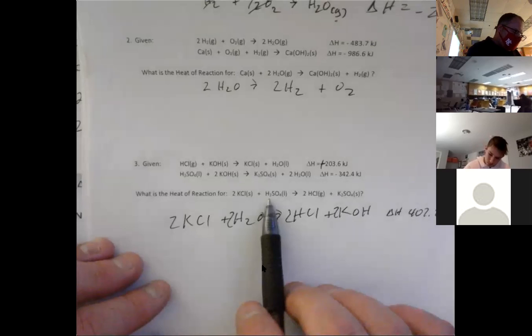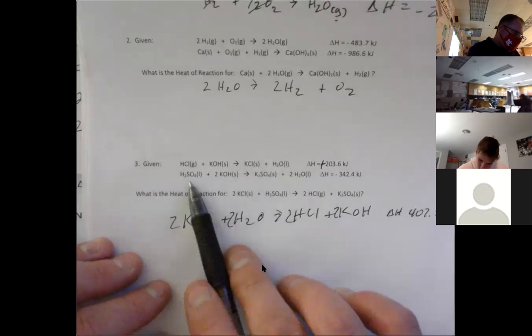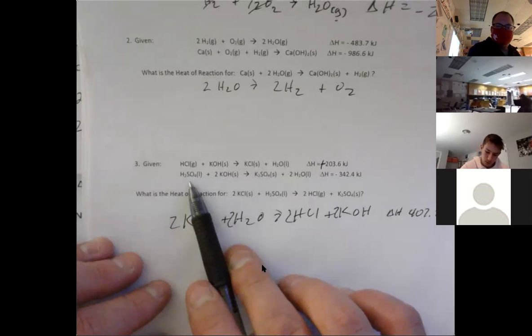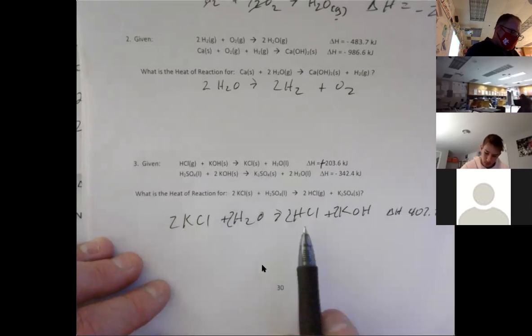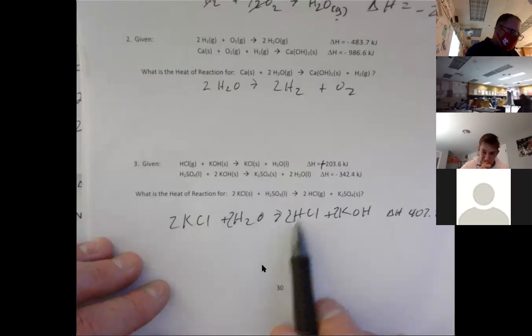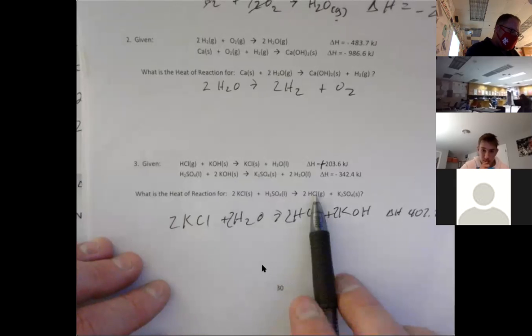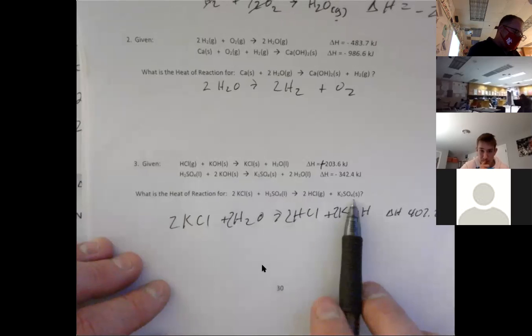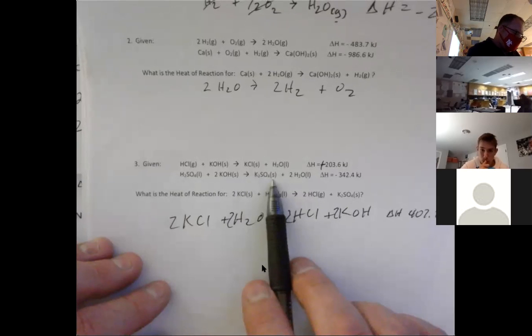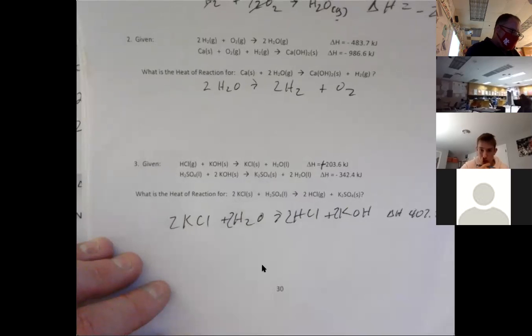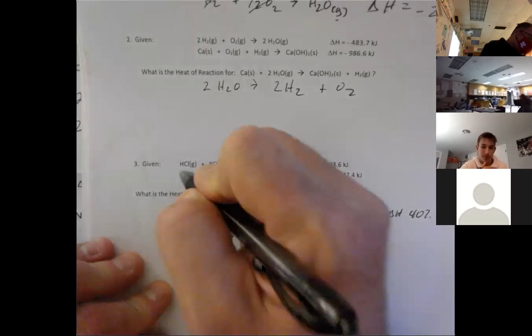H2SO4. Are we good with H2SO4 on the reactant side? Yeah. HCl. Well, we doubled this and we flipped it and we have 2 HCl. We're good. K2SO4. Well, look at that. K2SO4 is on the product side of reaction B. What's our spectators then?